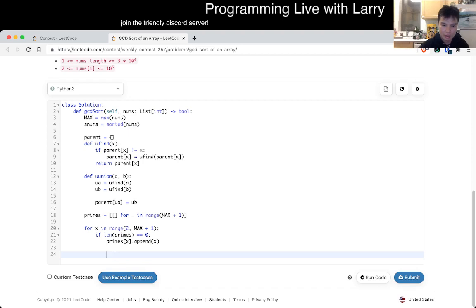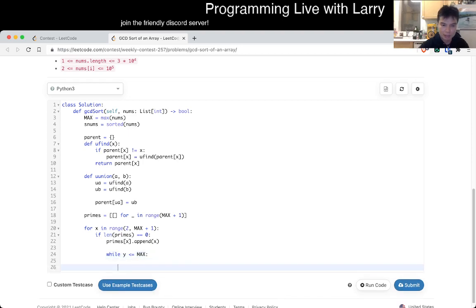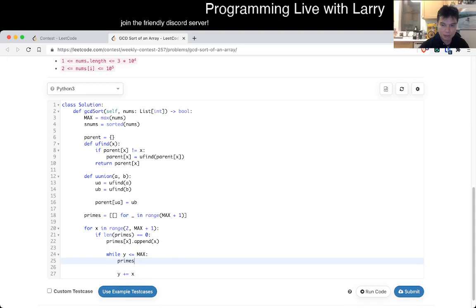While y is less than or equal to max, we add this by x. And then we just do primes of y dot append x.